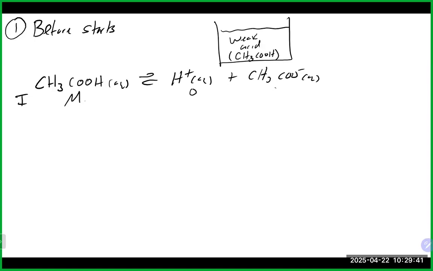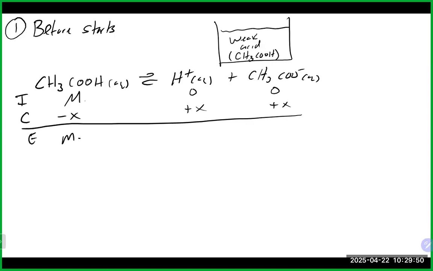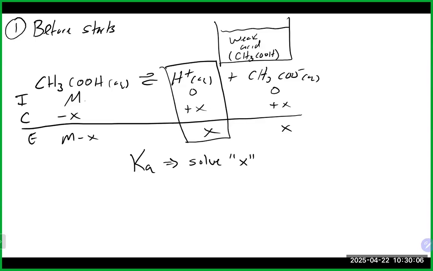And these would be a normal sort of Ka type problem ice table, zeros, minus x's, plus x's, plus x's, and minus x, x, and x. This would go into your Ka expression, right? You would then solve for x, assumption, whatever it may be, quadratic, whatever you like. When you do solve for x, once again, like normal, that is going to equal the H plus concentration. And at that point, you could then go into your pH.